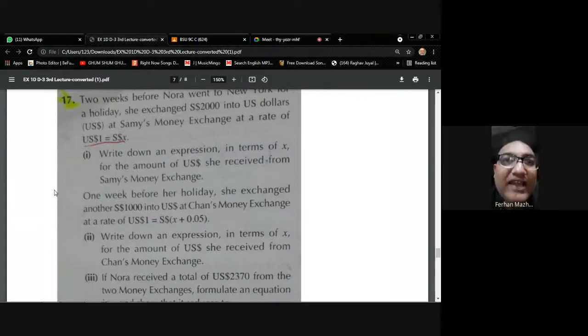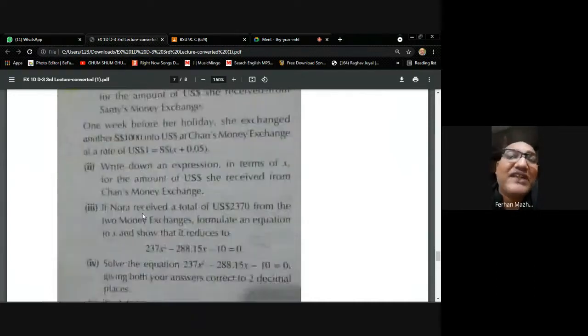Then it says 1 week before her holiday, she exchanged another 1,000 Singapore dollars into US dollars at Chan's money exchange at a rate of 1 US dollar equals X plus 0.05 Singapore dollar.